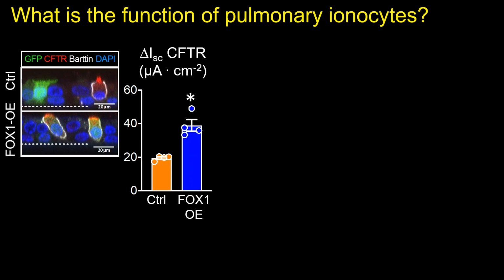First he looked at electrophysiology, and here I'm showing you delta short circuit current, CFTR-mediated chloride current, and as expected, under voltage clamp conditions, you can see that increasing the number of ionocytes increases the amount of CFTR-mediated chloride transport. So that was pretty much expected.